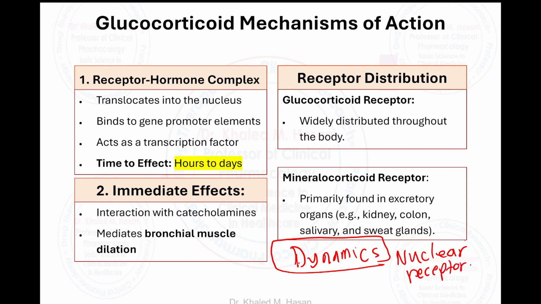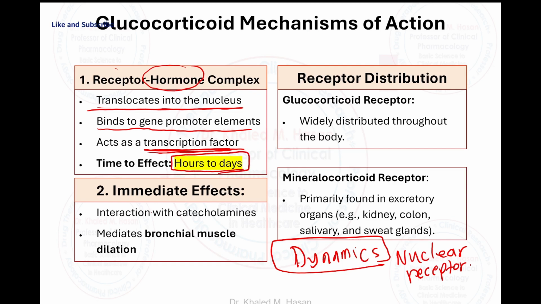You can see here the adrenal hormones bind to the nuclear receptor and lead to gene expression, and in the end there will be transcription of the elements there. When you prescribe this hormone to a patient suffering, for example, from Addison disease, this hormone takes hours to days to see the effect. It's not from the first day; it could be several days, or a few hours, to see the effect. This is a slow action, a late action.